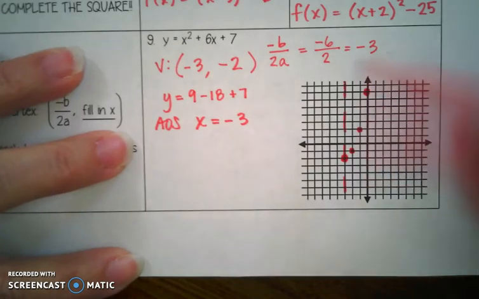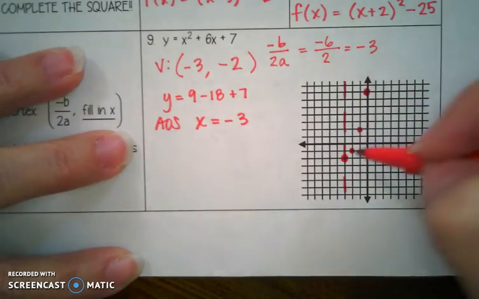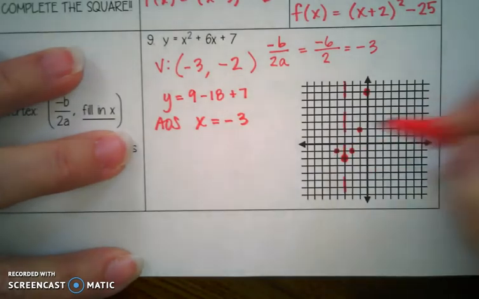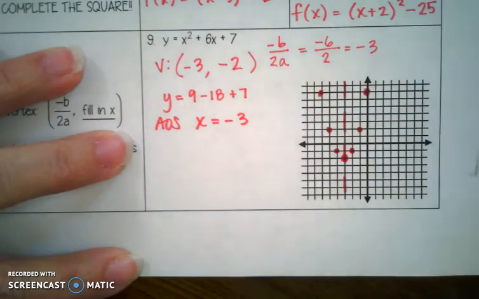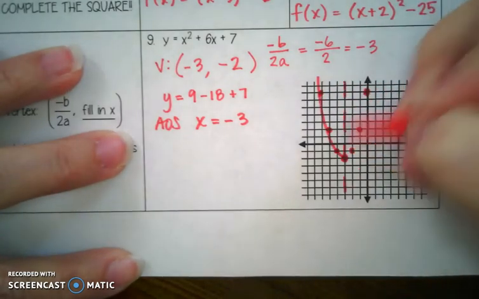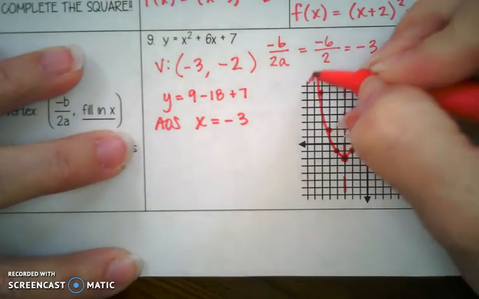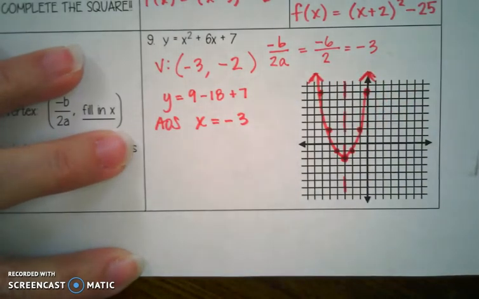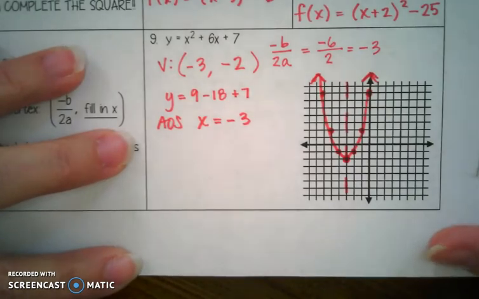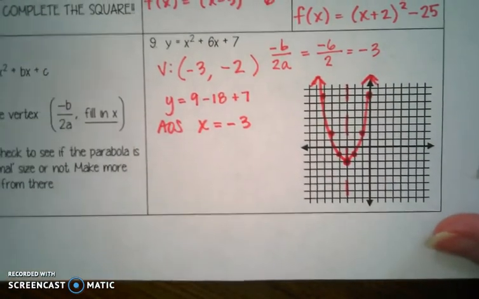And then that axis of symmetry is a mirror, so we know that we have the points on this side as well. And now we're good to go. And look, it's a parabola. All right, so there's our graphed parabola using standard form.